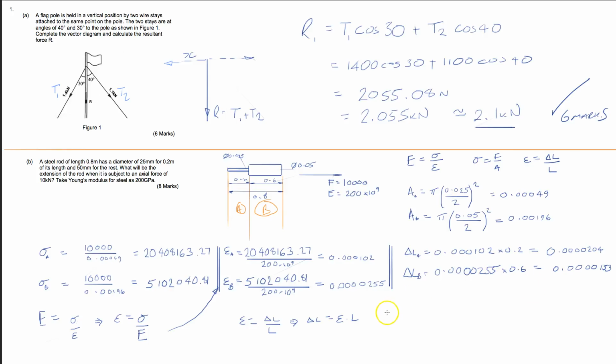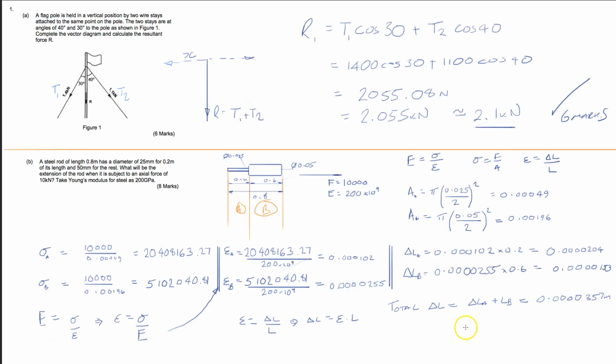So the total change in length will equal change in length A plus change in length B. And when I stick that in the calculator, I get 0.1234357 meters.